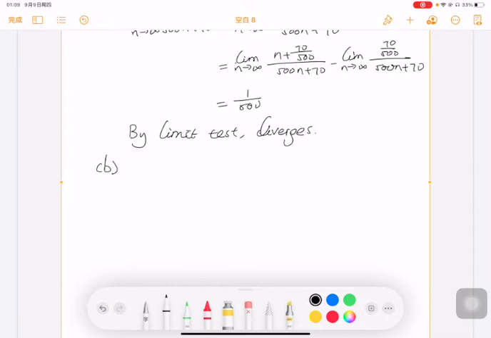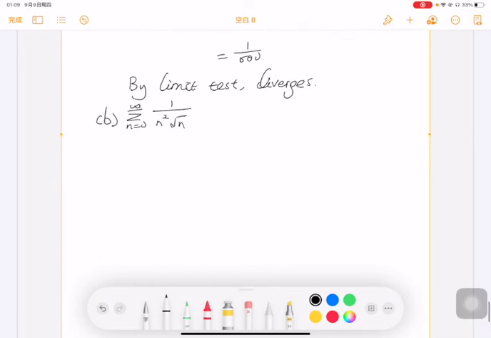Okay, for part B, we have the sum of 1 over n squared times the square root of n. Once again, I messed up the square root for some reason. Okay, for this problem, we need to use the comparison test.